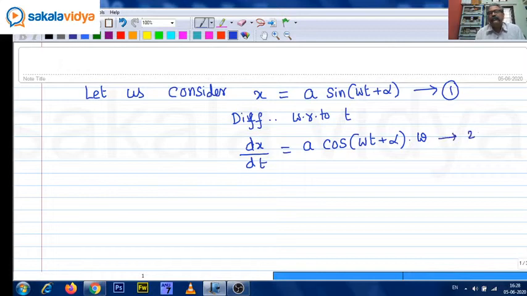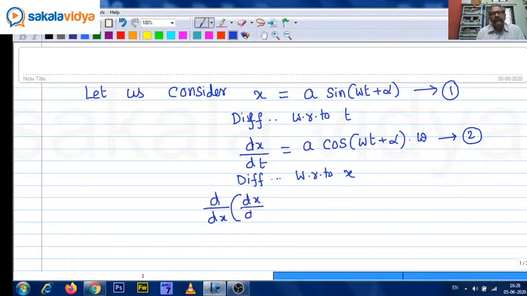Say this is 2. Again differentiate it with respect to t. Now what do you get? d by dt of dx by dt equals a times d by dt of cos omega t plus alpha, into omega.